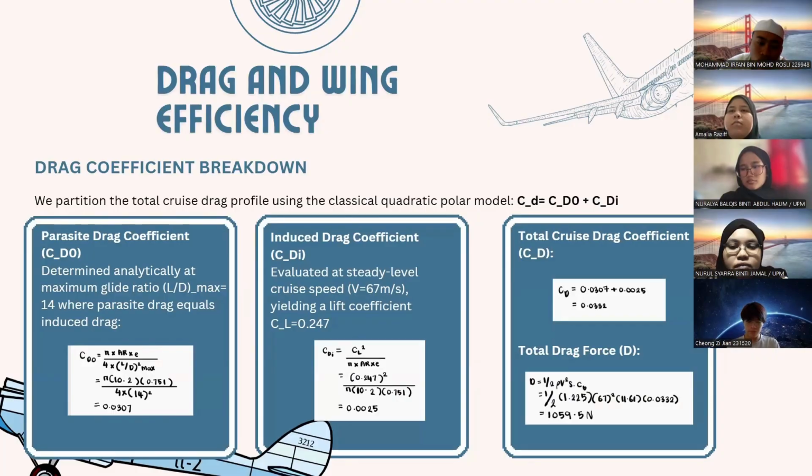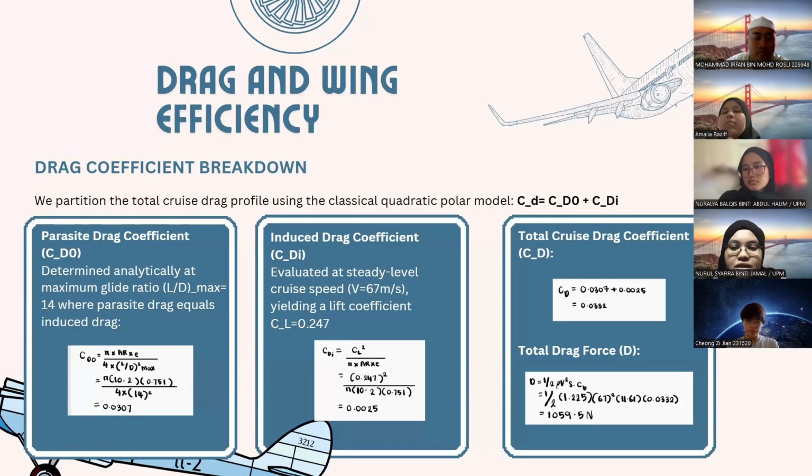Secondly, we study level cruise at 67 meters per second. Balancing our 7848 Newton gross weight requires a lift coefficient of 0.247. Applying this to our induced drag equation yields 0.025, which brings our total cruise drag coefficient to 0.0332.